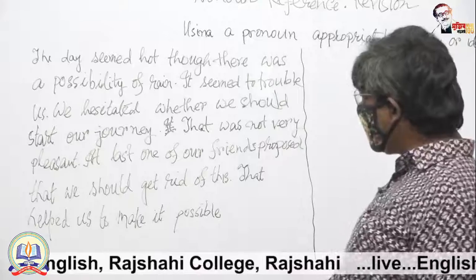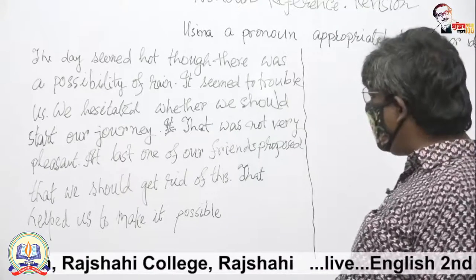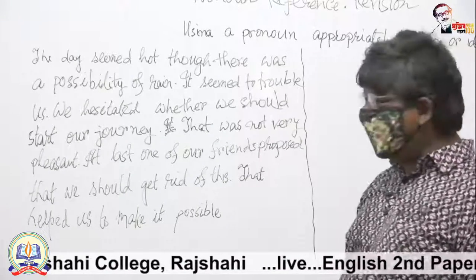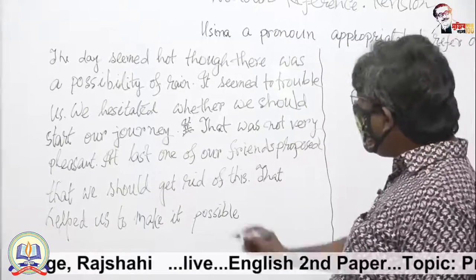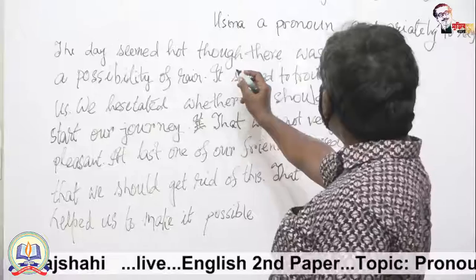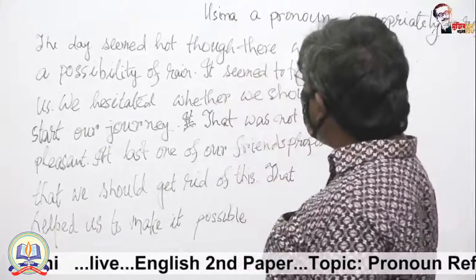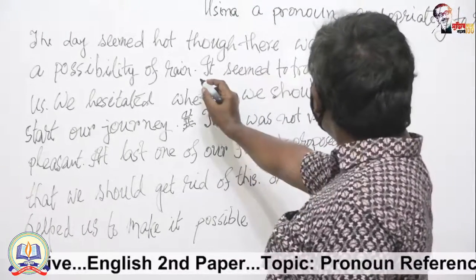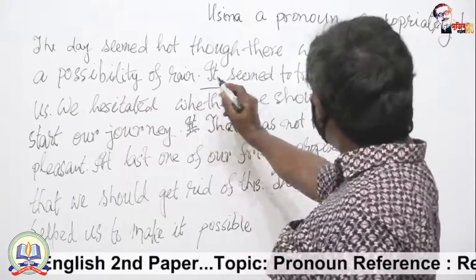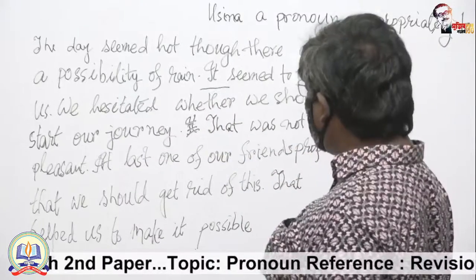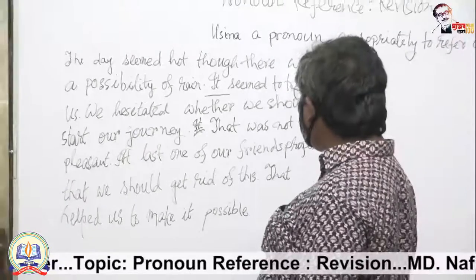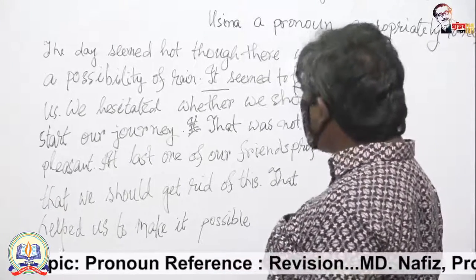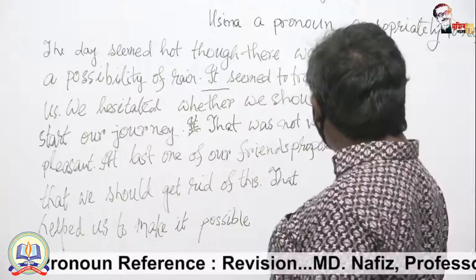Now let us look at the passage. We have a number of pronouns in this passage. The day seemed hot, though there was a possibility of rain. It seemed to trouble us. It is the first pronoun. We hesitated whether we should start our journey.